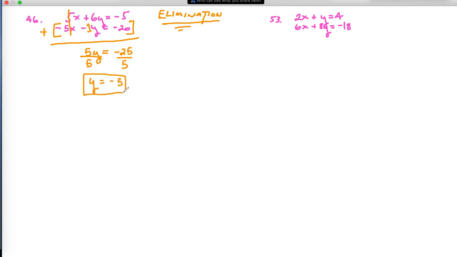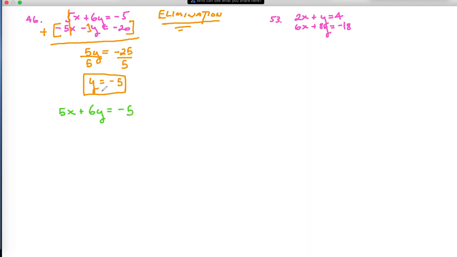Now, once I have y, I still need to get x. So I can plug into either of the two equations. It doesn't matter. One will probably be slightly easier than the other, but it won't matter. So I rewrite the top equation. I'm just picking the top one. I don't know which one's easier. It doesn't matter to me. Equals -5.